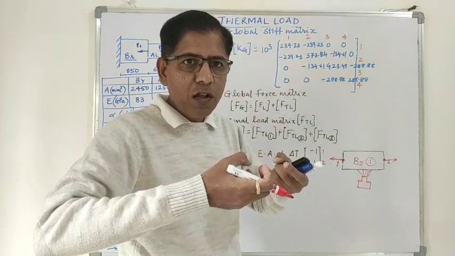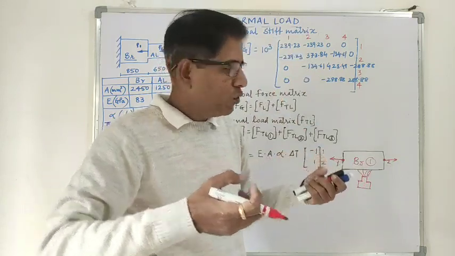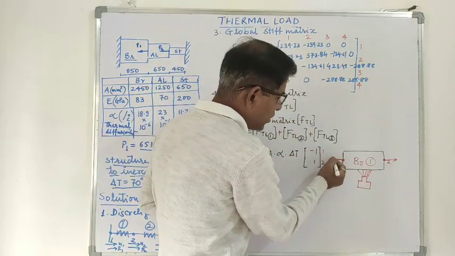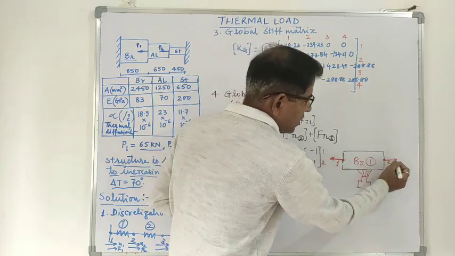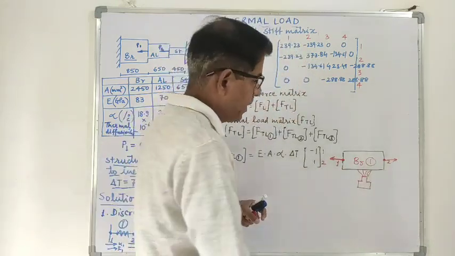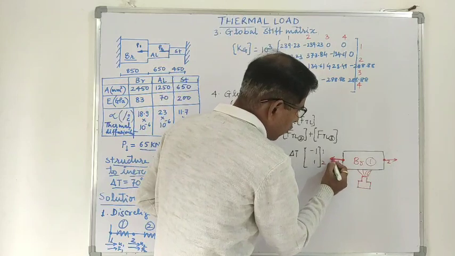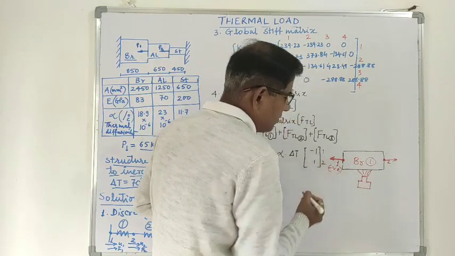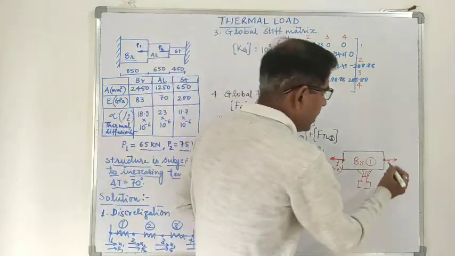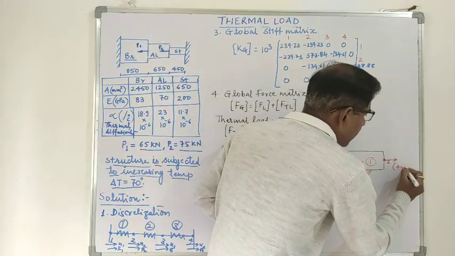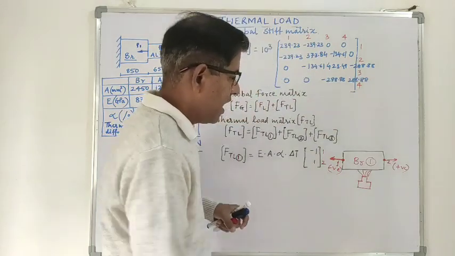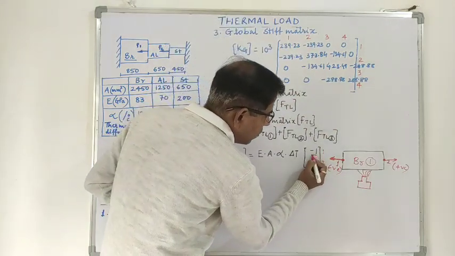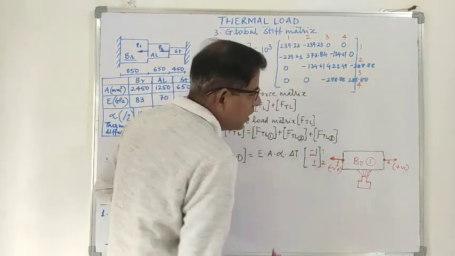That means the loads will apply opposite to each other. So this will stretch the member in this direction, this will stretch the member in this direction. At node number 1, the force is applied towards the negative x-axis, and at node number 2 it is applied in the positive x-axis, and that is why -1 and 1 is given.